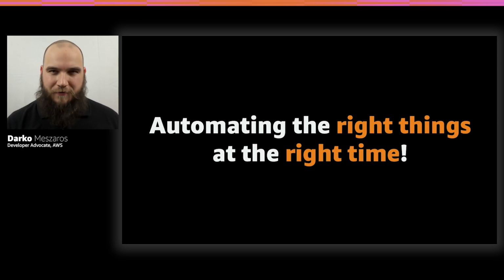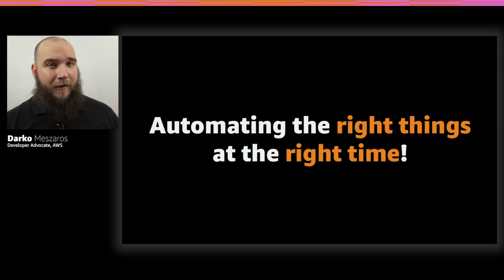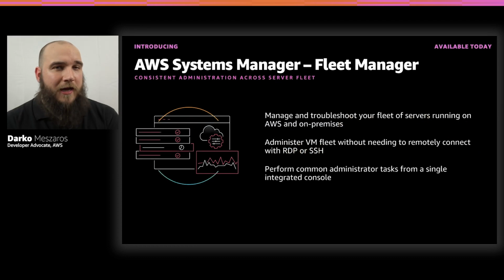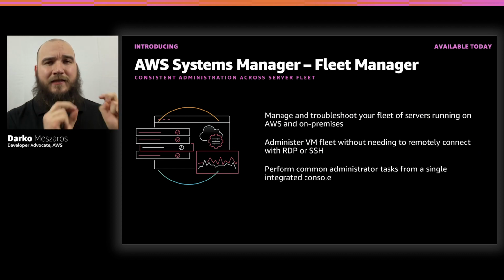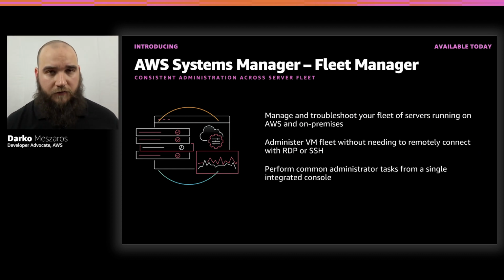So I'm going to talk about a bunch of things that can help you with that. Number one, do you have your EC2 instances? Do you have your Windows, Linux, and even Mac servers somewhere, on-prem, on the cloud? Well, in the palm of your hand. Let me talk about AWS Systems Manager Fleet Manager. Fleet Manager is this lovely administration utility, a consistent administration utility across your entire server fleet, be that Linux, Windows, or even Mac.